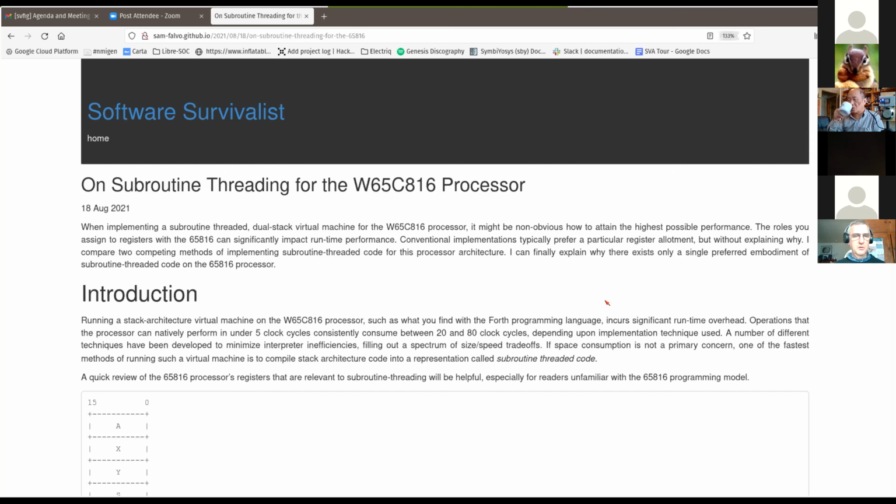Now, in Moving Forth, Brad Rodriguez writes that if you have native hardware that supports some functionality in Forth, then you should obviously use that. And the 65816 processor does have a hardware stack, and it's quite unlike the 6502 that preceded it. The stack is much more useful for passing parameters and for recording results.